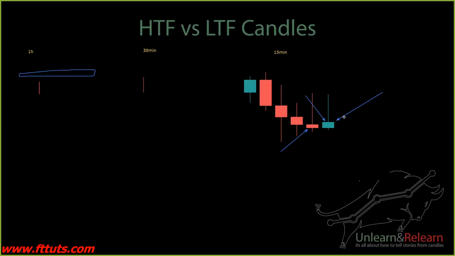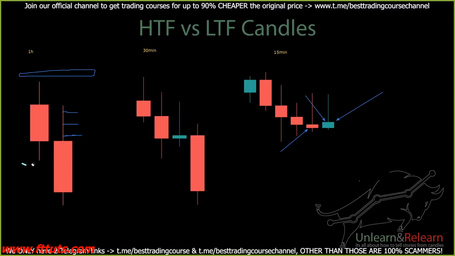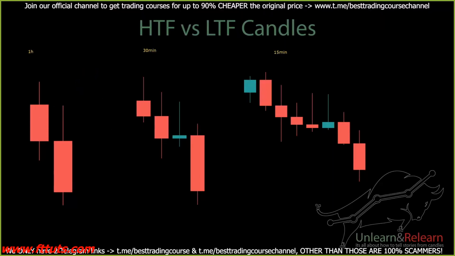We don't know where it's going to go because it's a smaller time frame. It's giving us weak confirmations. This doesn't make any sense. So that's why we're looking at the higher time frames, because the higher time frames will tell us where price is going to go. And then eventually it starts to go down, but on the 1 hour, it was much, much cleaner. On the 30-minute, it was a little bit dirty. On the 15-minute, it was pretty garbage, it was pretty hard.